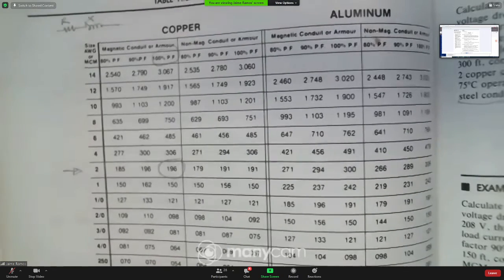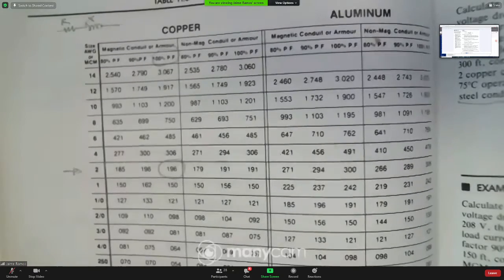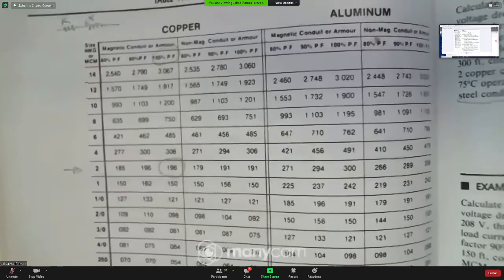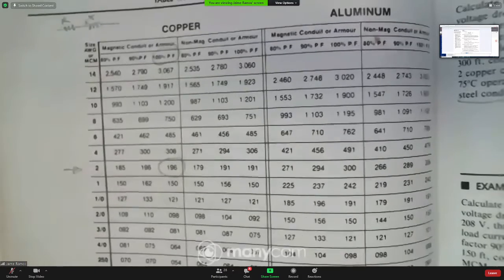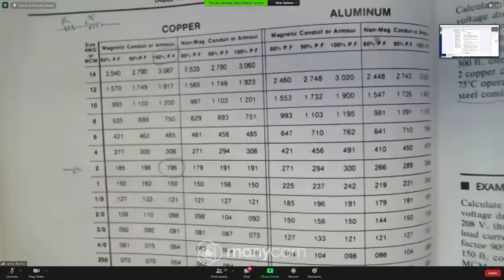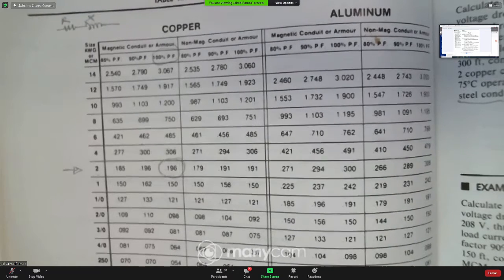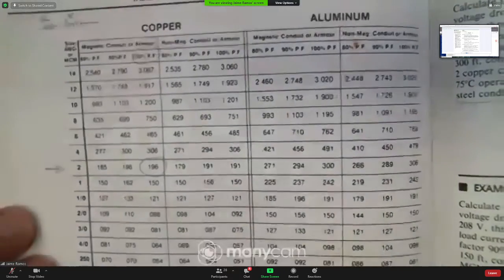So the maximum is 5.54 volts. Then the maximum voltage drop per 1,000 ampere-feet is 0.165.